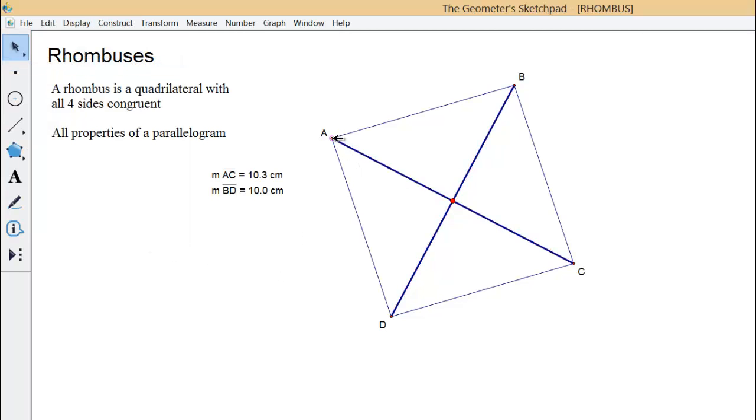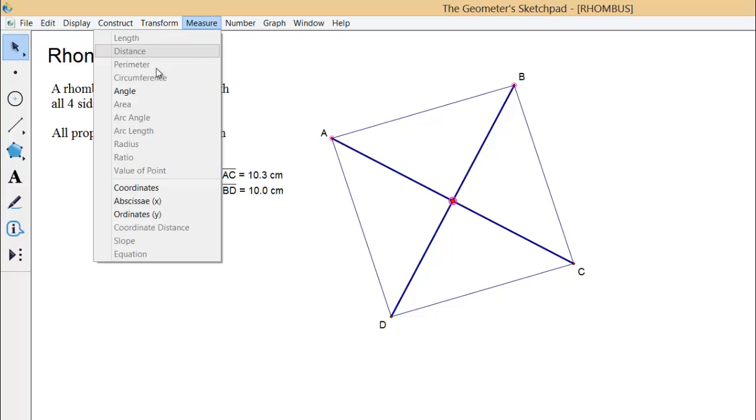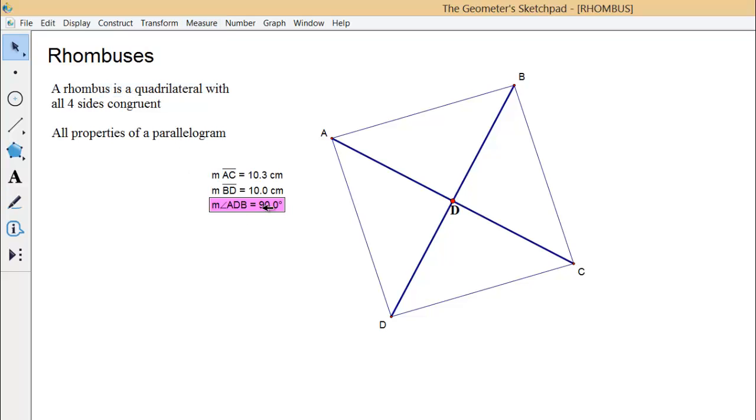And look at the angle A. If we measure this angle, we have 90 degrees. And so you should see, we know vertical angles are congruent, so this angle B should also be 90 degrees. Diagonals are perpendicular to each other.